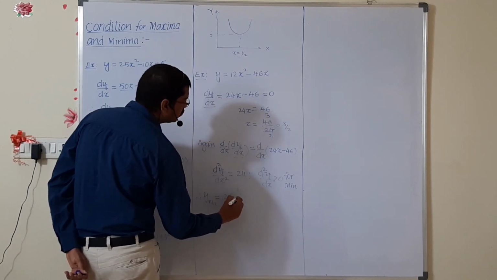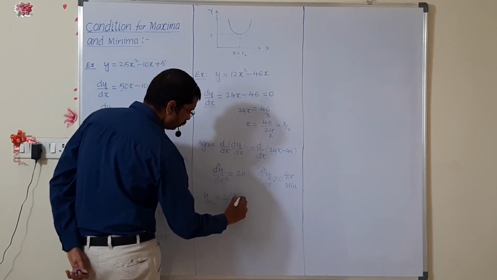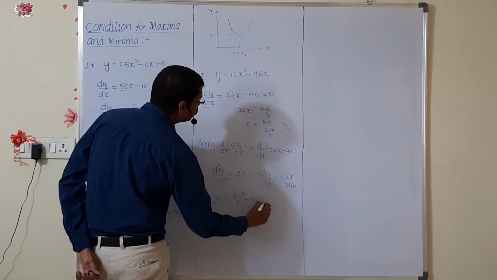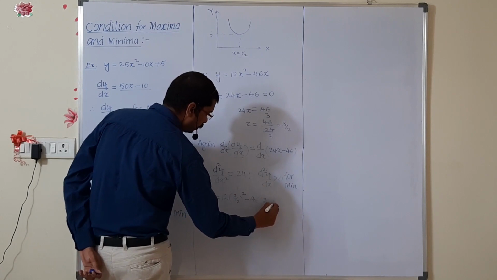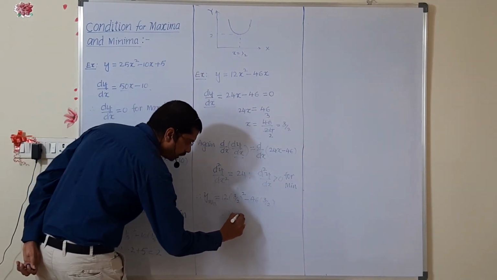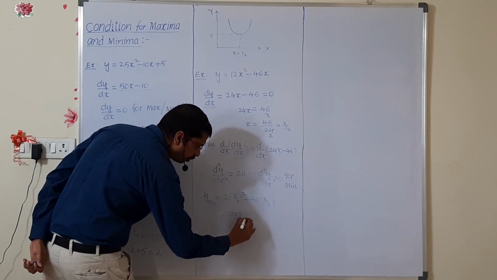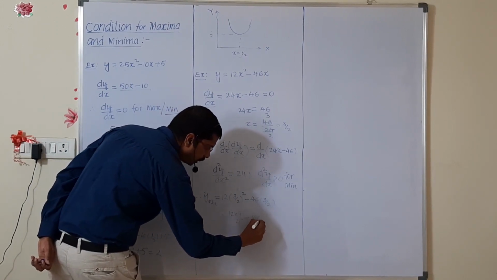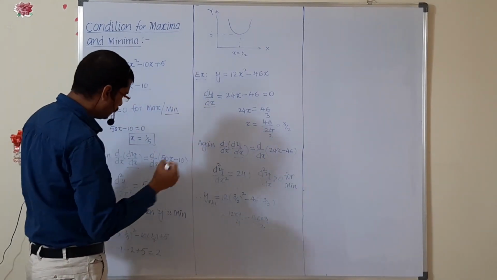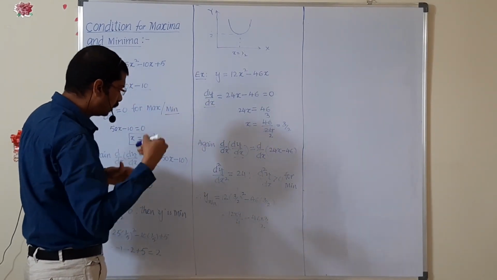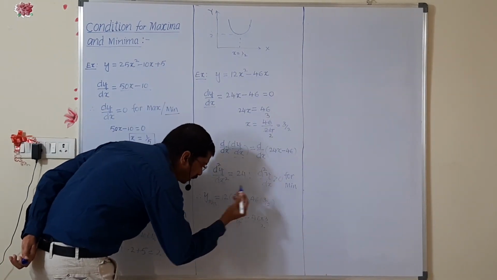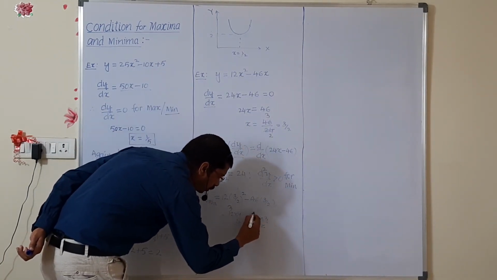12 times x, that is 3 by 2 whole square, minus 46 times 3 by 2. Here, 9 upon 4: 12 into 9 upon 4 minus 46 into 3 upon 2. In this case, 4 threes are 12.